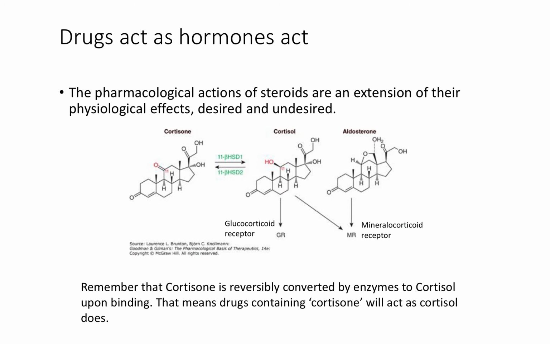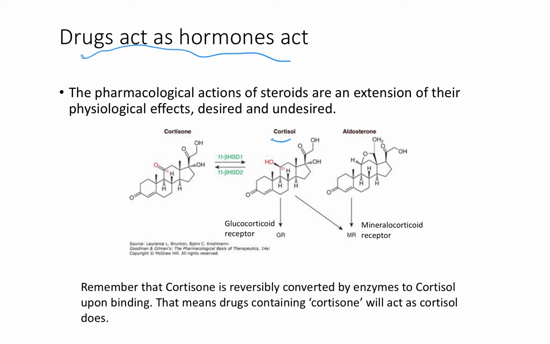Why I mentioned that understanding the physiology is such an important part of this chapter in particular is that the drugs act exactly how the native hormones act. They're really just an extension of the physiologic effects, which are going to include the desired effects, like maybe anti-inflammation, and then the undesired effects, like tissue thinning and muscle wasting.